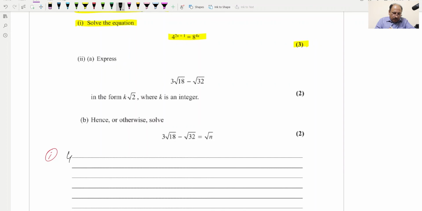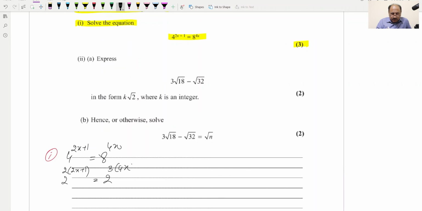So 4 raised to the power 2x plus 1 is equal to 8 raised to the power 4x. So we can rewrite it as 2 raised to the power 2 into 2x plus 1, and this is equal to 2 raised to the power 3 into 4x.